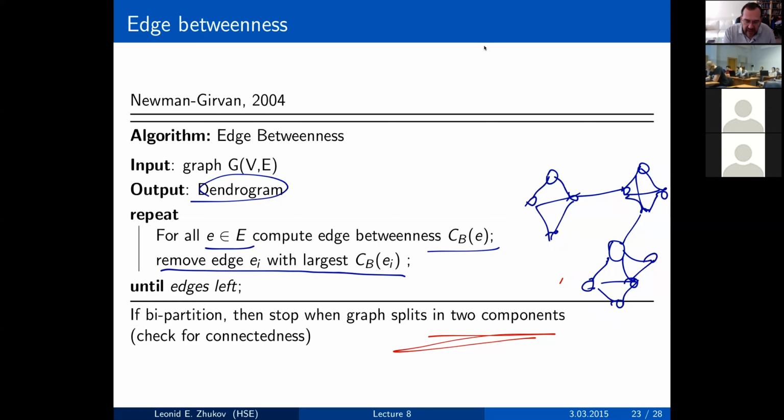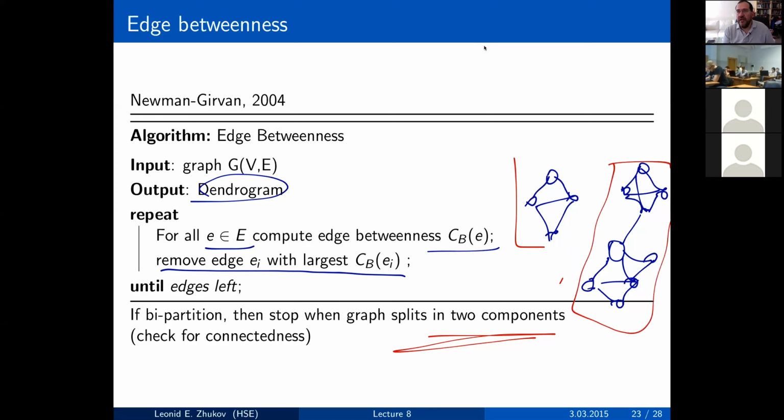Let's say the next edge for removal is this one. I remove it, and now the graph is split into pieces. The connected component algorithm will, of course, detect this change, and now we'll have two components.